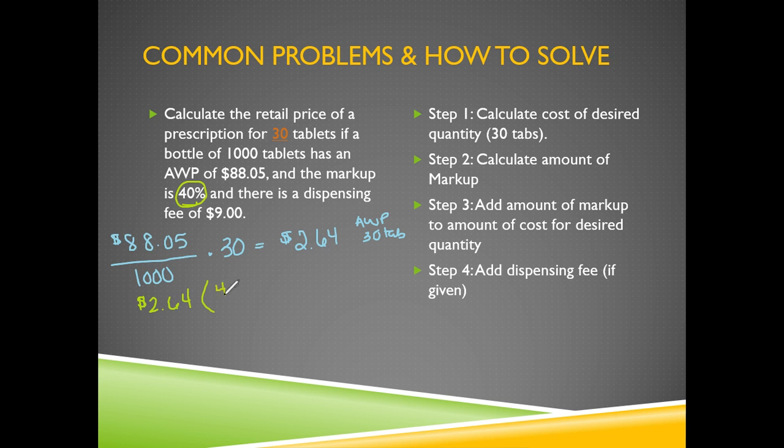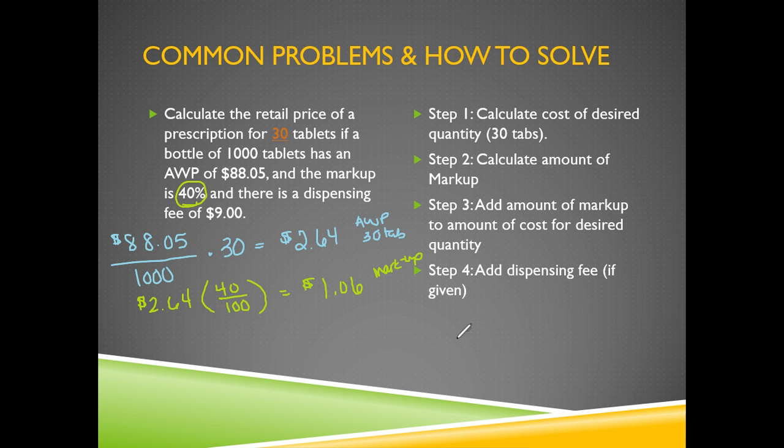Remember, to change a percent into a number, we divide by 100. So I have 2.64 times 40 divided by 100, and I get $1.06. This is the cost of my markup.